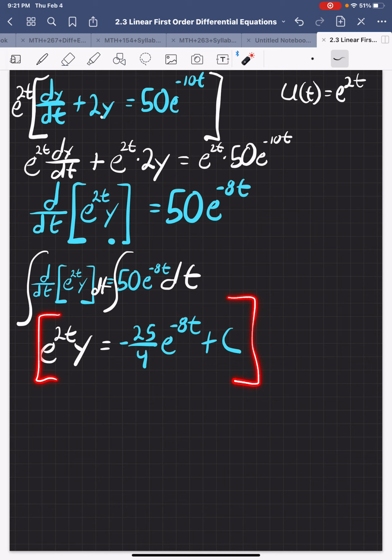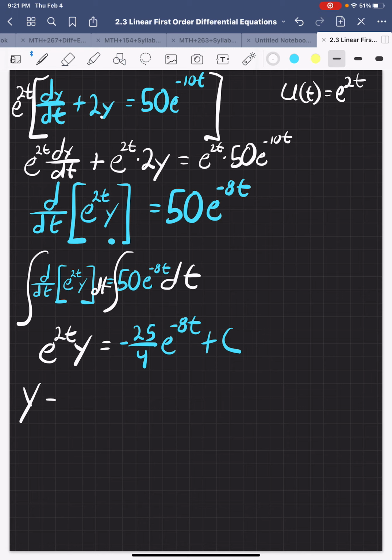You're just dividing by e to the 2t, or simply multiplying by e to the negative 2t. Same thing. So solve for y.